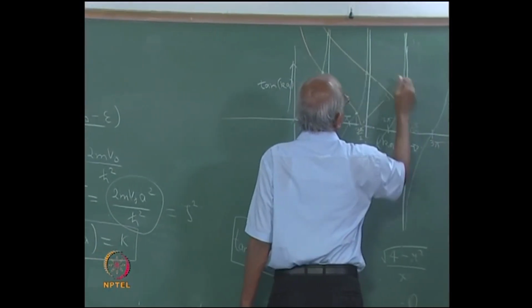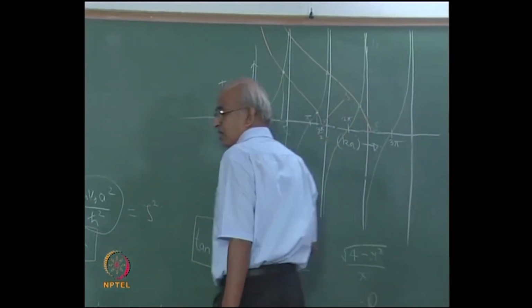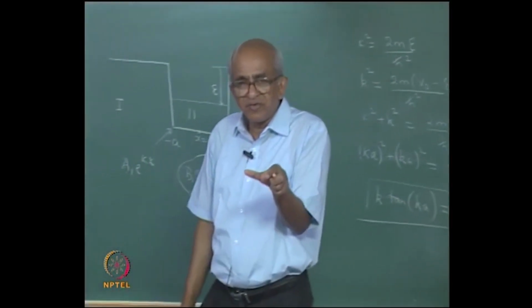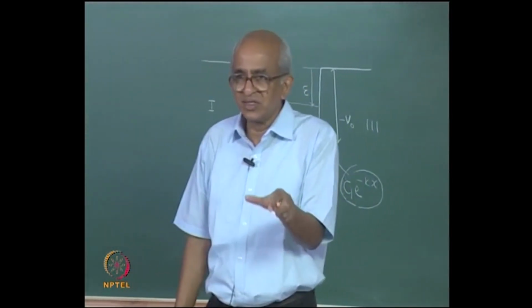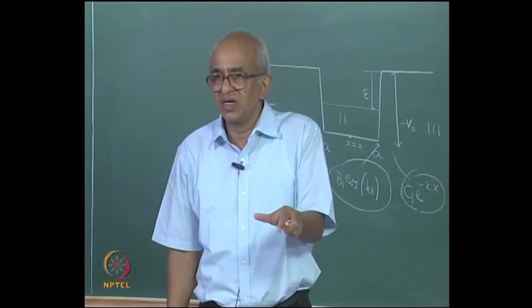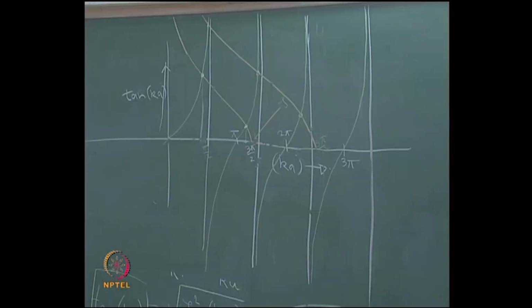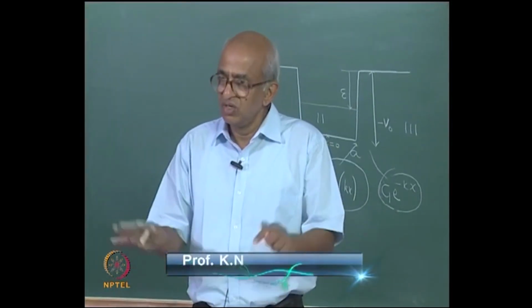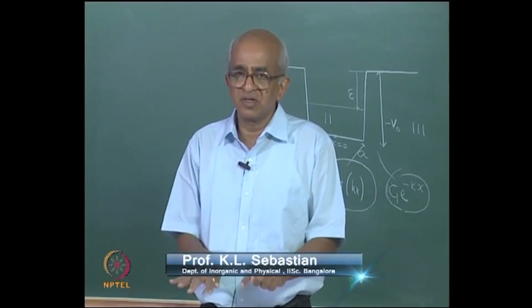That means by increasing the depth or the width, the number of bound states that exist in your potential well will increase, which is of course physical, right. By increasing the width or the depth, you will cause more bound states for the system.